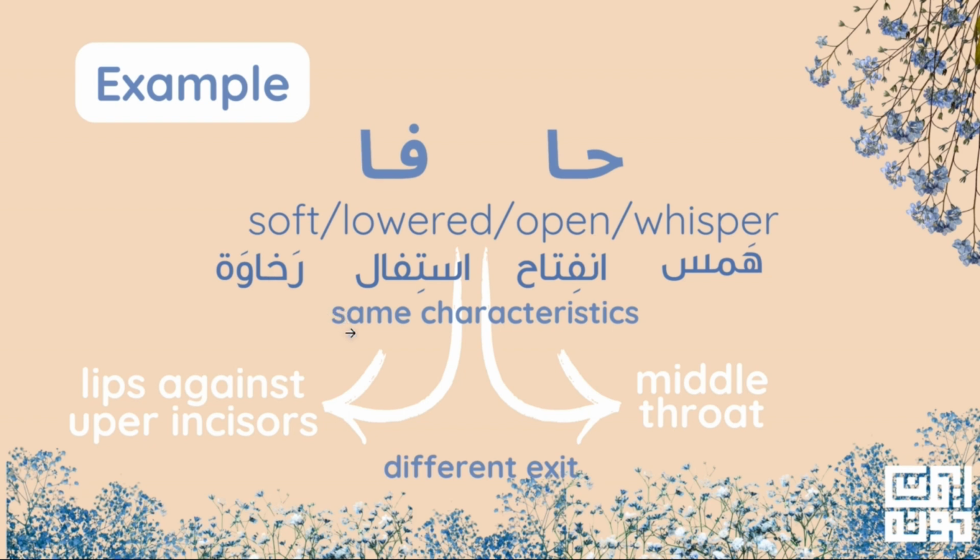So they share the same characteristics. How are we going to differentiate between both of them? They differ in the exit. The letter fa exits from the lips against the upper incisors, while the ha exits from the middle throat. So this is the difference between both letters. If they share the same characteristics, then the difference will be in their exit, and otherwise.